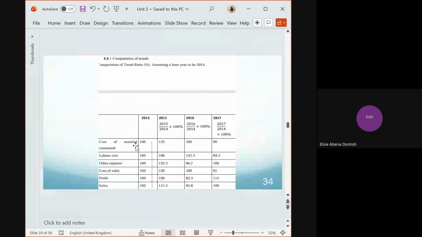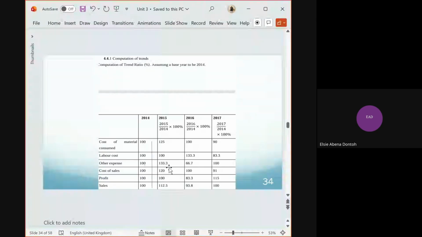Okay, so for cost of material in 2015, we got 125. 2016, 100, then 83.3.